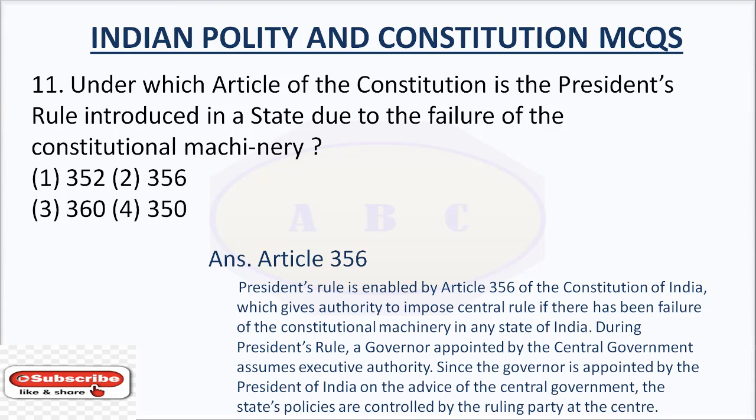During President's rule, a governor appointed by the central government assumes executive authority. Since the governor is appointed by the President of India on the advice of the central government, the state's policies are controlled by the ruling party at the center.